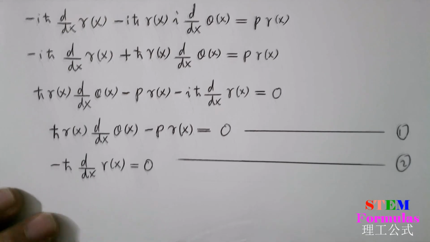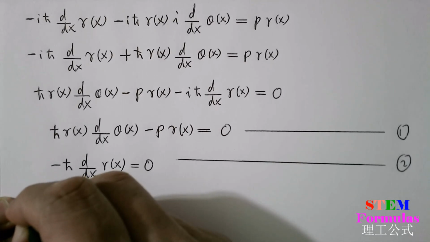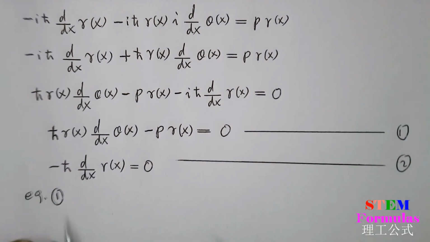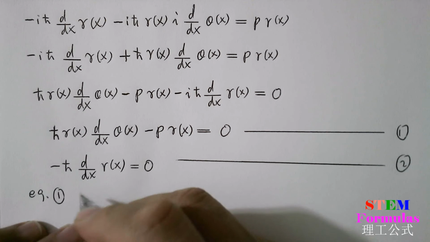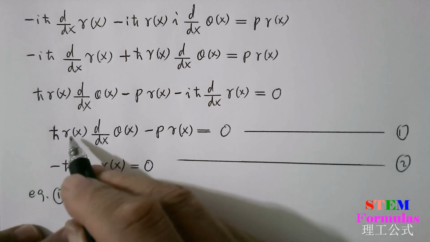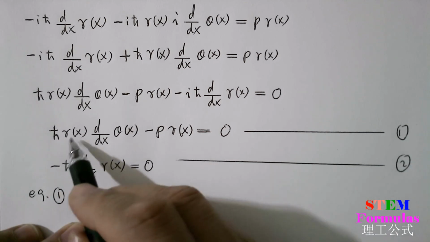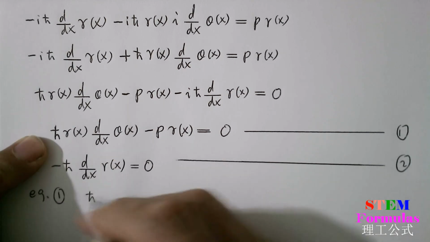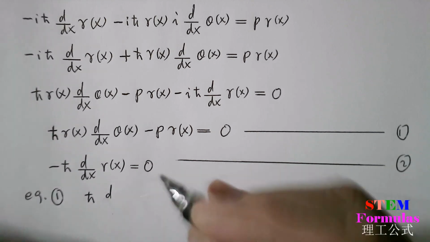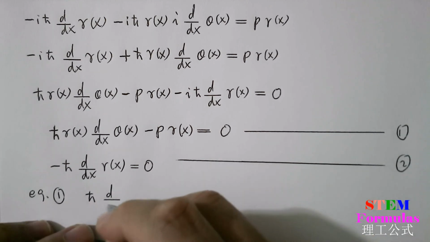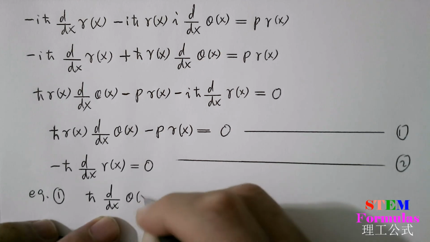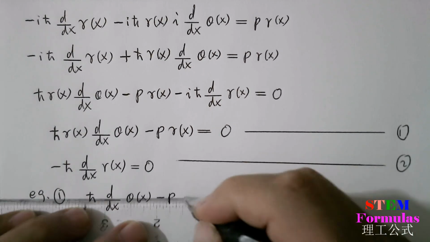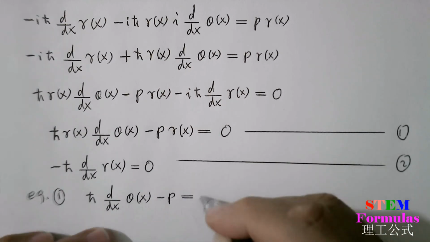The first equation, equation 1: r of x, I take it out, it cancels. So I have h bar d/dx theta of x minus p equal 0.